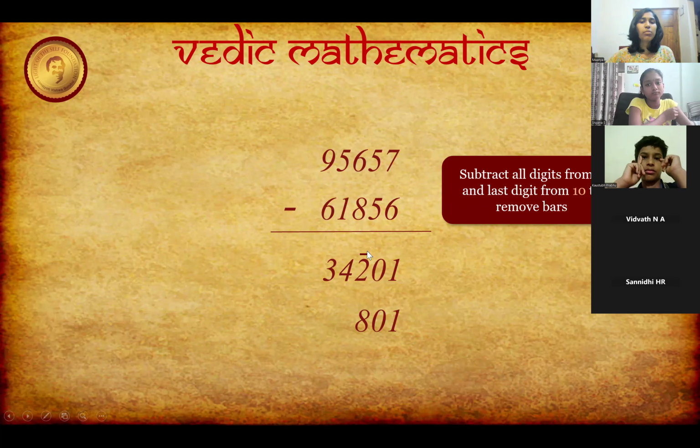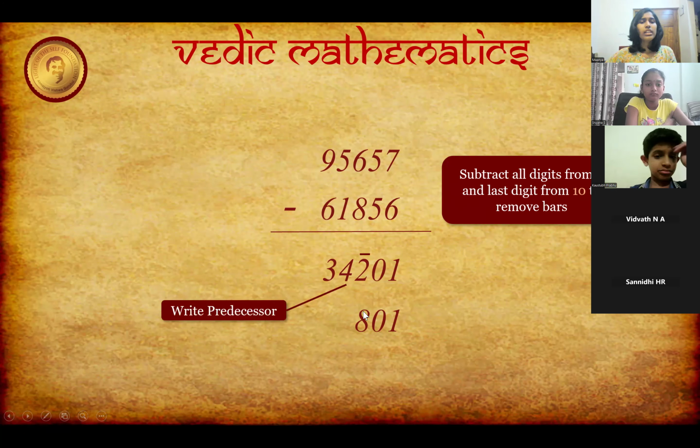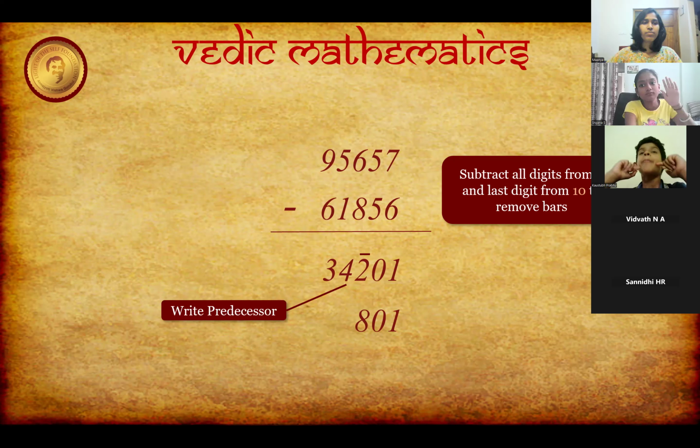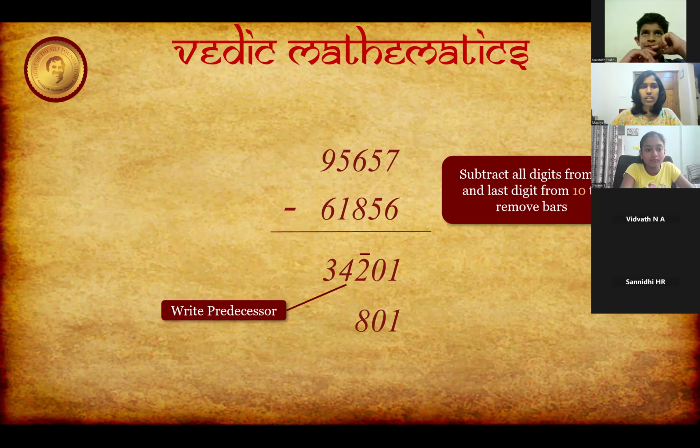Therefore, you subtract this number from 10 and you get 8. Now, for the remaining ones, there are no bars, right? The remaining 3 and 4 both don't have bars, so you simply write the predecessor of 34. What is the predecessor of 34? Ma'am, 33. Yes, Srujana. Very nice. Both are right, Srujana and Kaustubh. It is 33, and this is our final answer.